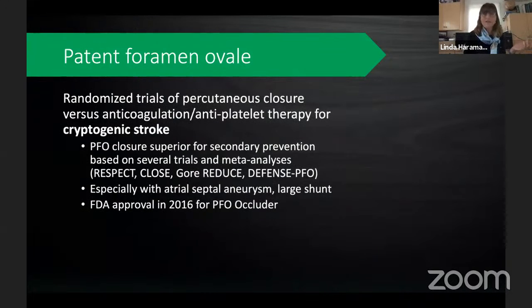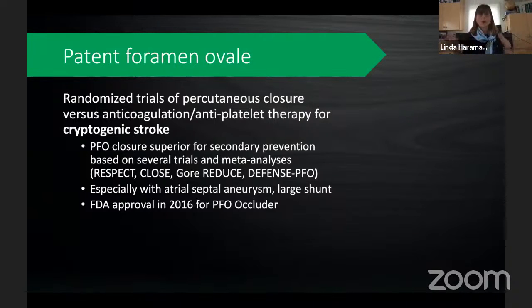Nevertheless, cryptogenic stroke is a really big problem. And there has been hope that for people with PFO and cryptogenic stroke, patients would benefit from closure. And a bunch of randomized trials of percutaneous closure versus anticoagulation or antiplatelet therapy were undertaken.